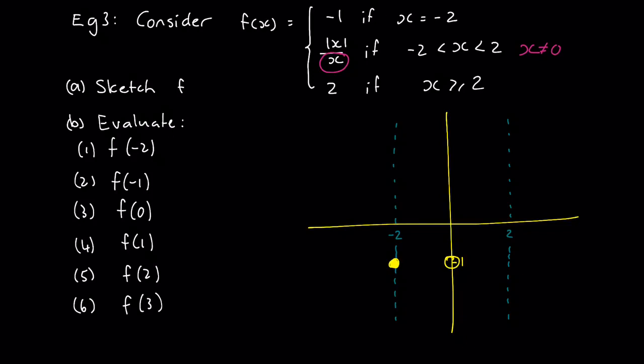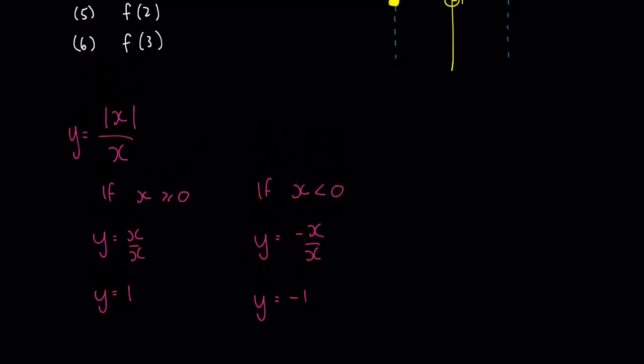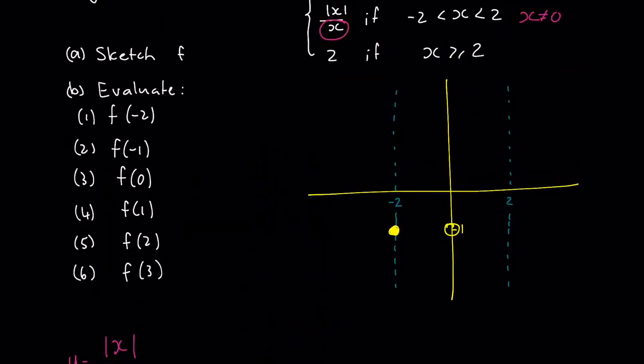Now we can sketch. We've already worked out previously that y is equal to 1 if x is greater than 0, or y is -1 if x is less than 0. So our first part of the graph is going to be here, and we're going to sketch that line.